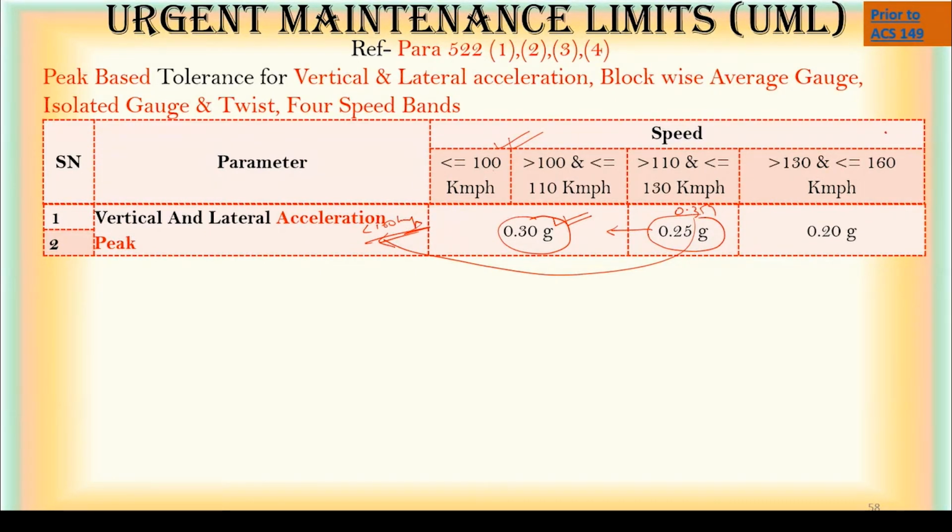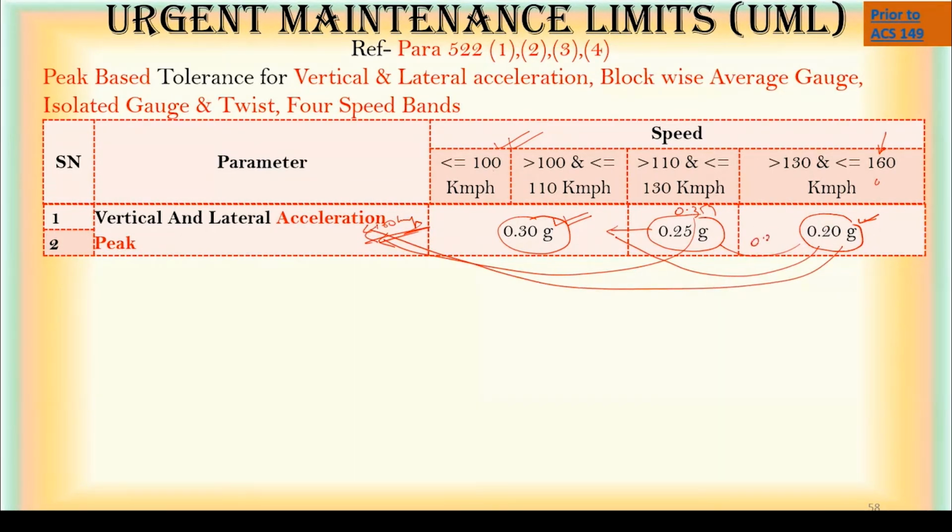If TRC is recording at 160 kmph and giving you TRC or OMS or oscillograph car, anything, if it gives you a peak of more than 0.2 g, up to 0.2 g it is okay. If it is more than 0.2 g, then we may have to come in this range, or this range, or this range, depending upon the value of the peak.